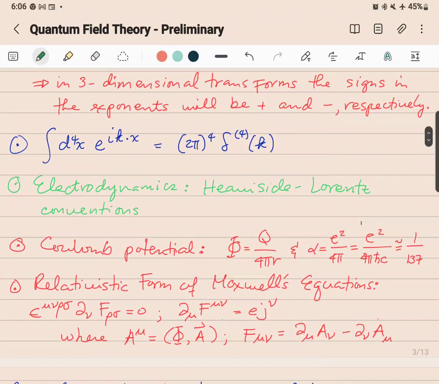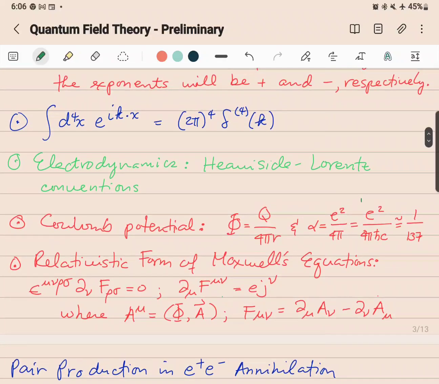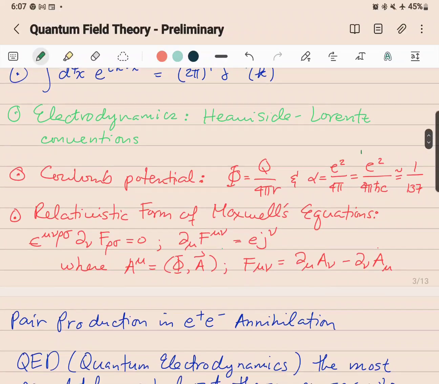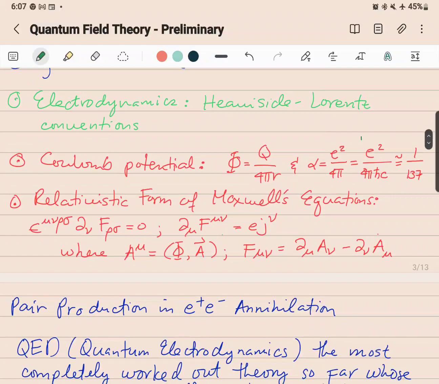By the way, for electrodynamics, they use the Heaviside-Lorentz convention, where the Coulomb potential is given by this one, and alpha is of course this one here, 1/137.